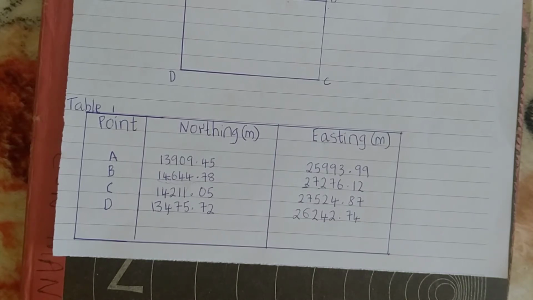Point C has a northing of 14,211.05 and easting of 27,524.87. Point D has a northing of 13,475.72 and easting of 26,242.